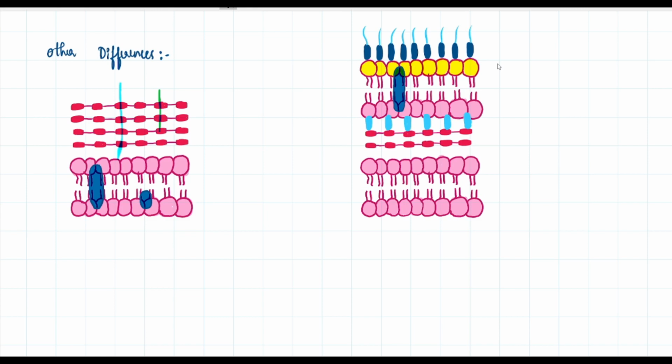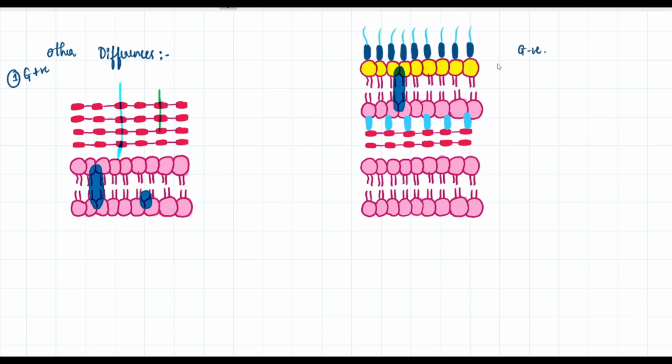After the main difference between gram-positive and gram-negative bacterial cell walls, the other differences are, see, in gram-positive bacteria, number one, this is the cell wall structure of gram-positive bacteria, and this is the cell wall structure of gram-negative bacteria.